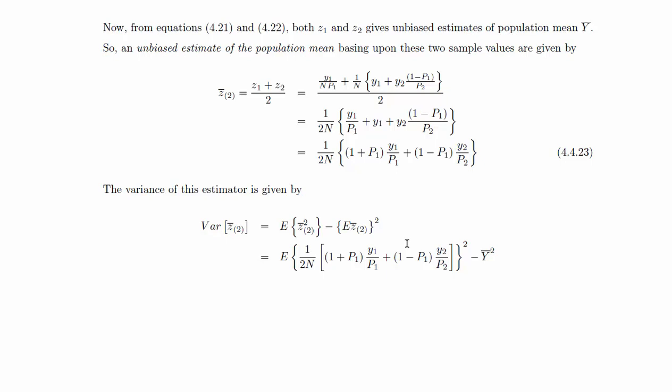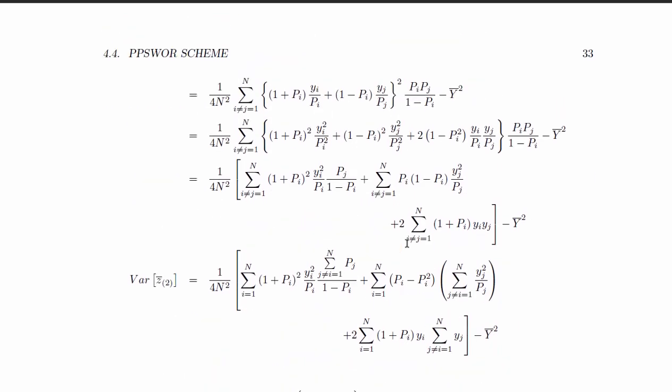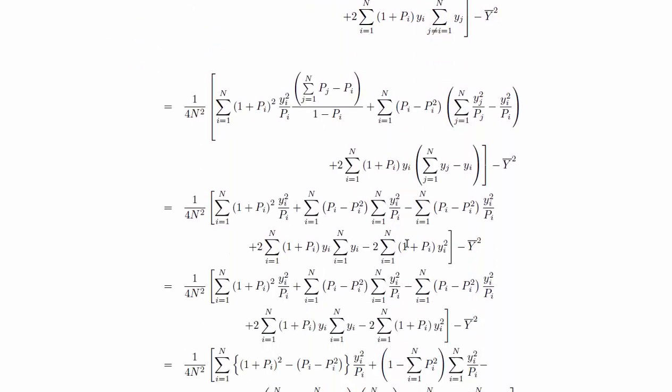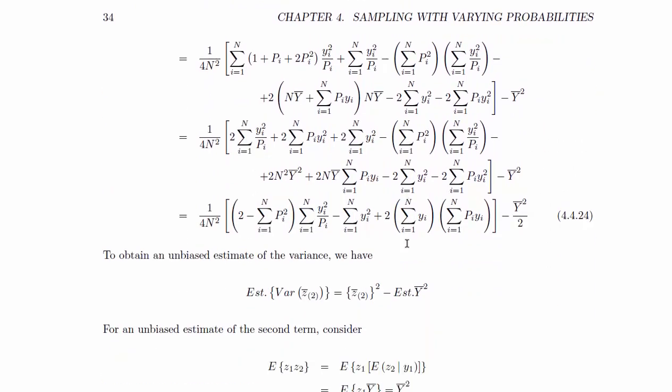Now we proceed on simplification of this. We must see the complication of this expression. When we are only selecting a sample of size 2, it becomes more complicated for sample size 3, 4 and n units in the sample.